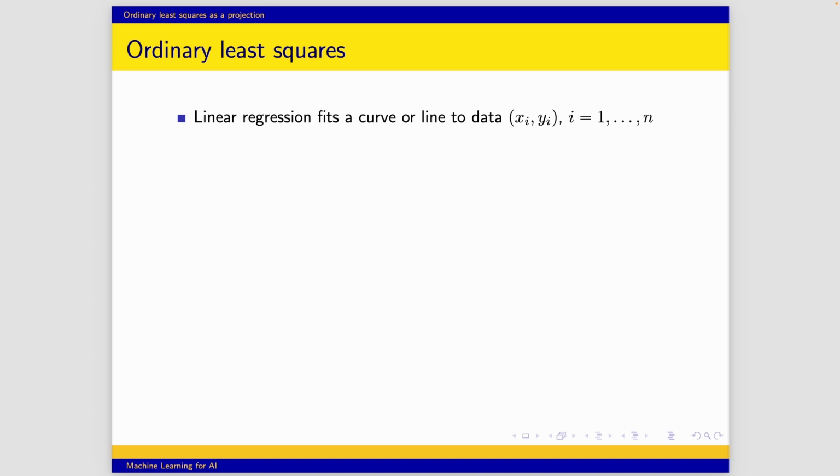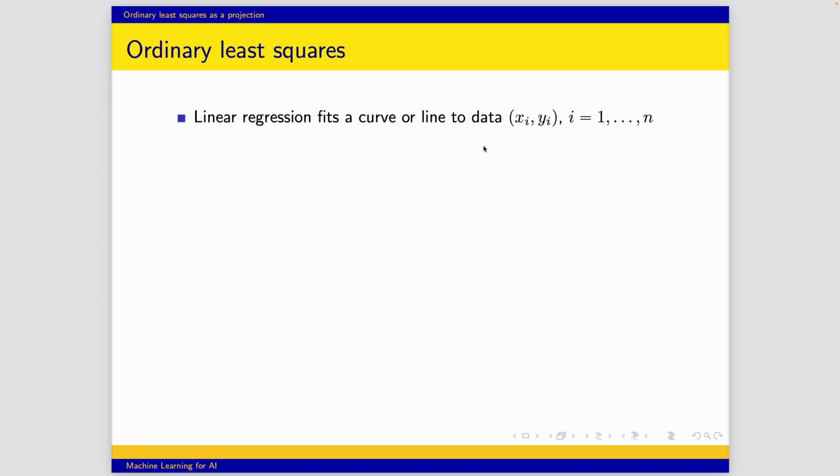Okay, so we have seen that linear regression, assuming that our outputs are scalars, the yi, is fitting a curve or a line to the data that we have. So we have data points, these pairs xi, yi, where xi is some input and yi is some output or target, and we have n of them.